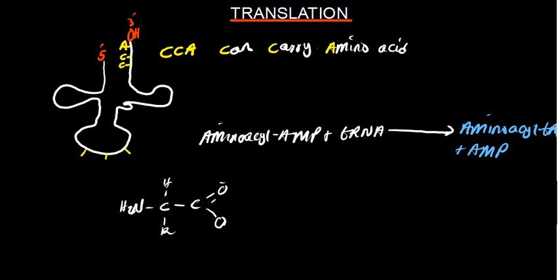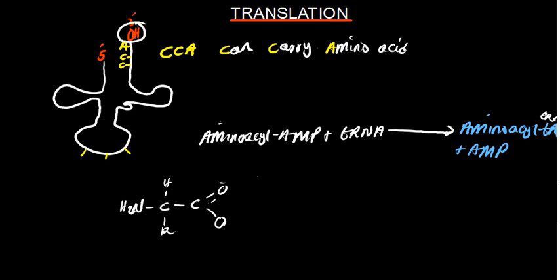So what will happen now is that this amino acid and tRNA come together. Because that is an amino acid, it has this terminal end, the carbon terminal end, the carboxyl terminal end. This carboxyl terminal end is the one now which forms a bond with the free hydroxyl group at the 3' end there.